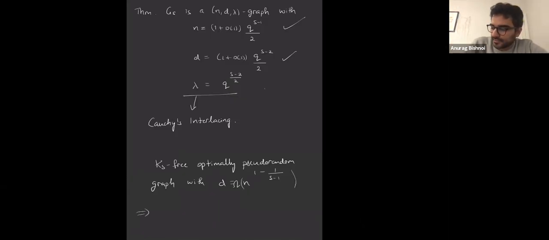So this implies that, in fact, we have a construction where f of s is s minus 1. And this improves the Gribelovich construction.